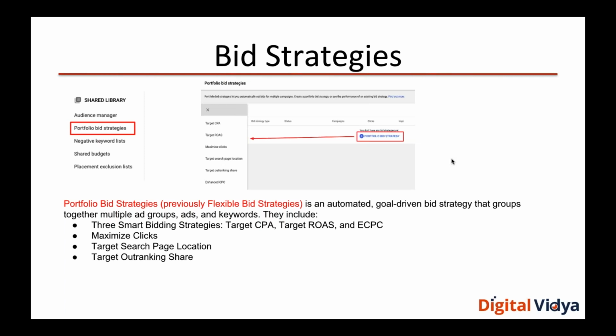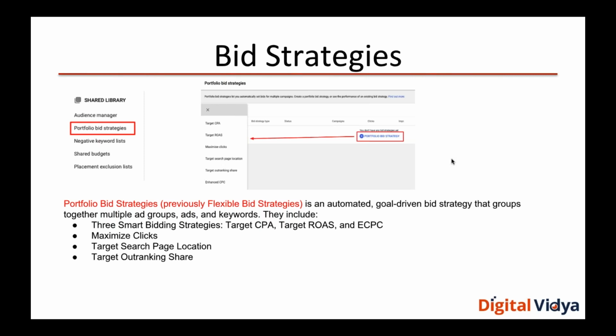Earlier it used to be 30% more than the bid you set, which means I will allow the system to bid up to 13 rupees instead of 10 rupees during instances when the system believes the click can get you conversions. So it's also focused on conversions, but the bid is not purely set by the system.